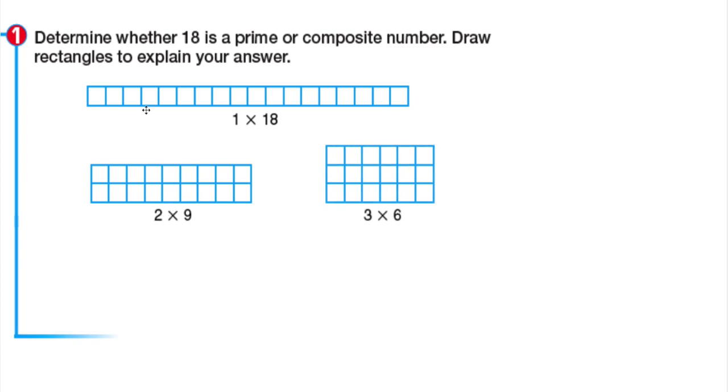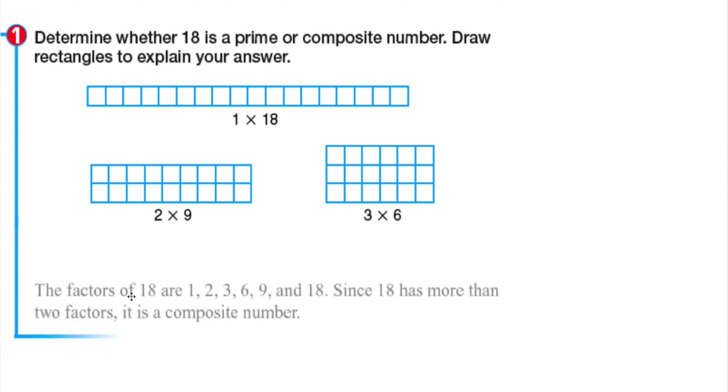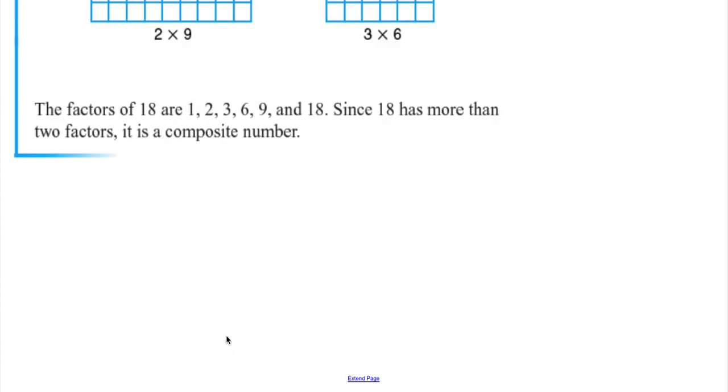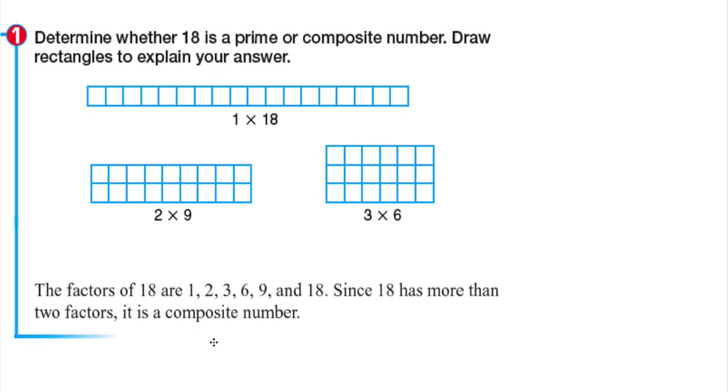Since you can draw more than one rectangle for 18, the factors of 18 are 1, 2, 3, 6, 9, and 18. Since 18 has more than 2 factors, it is a composite number. That's when you're using rectangles.